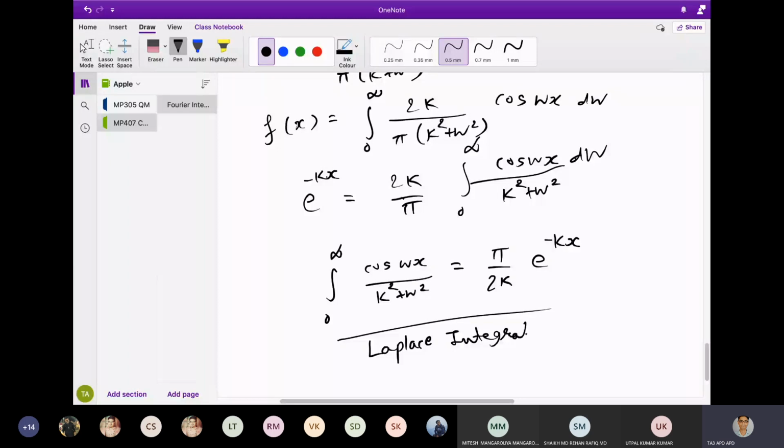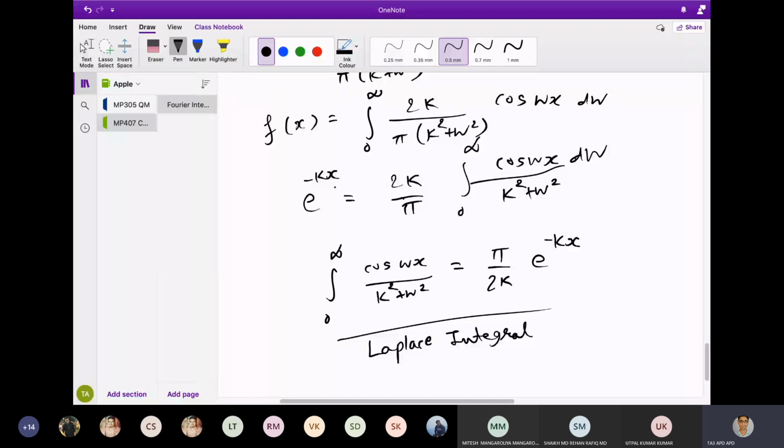So that is the Fourier cosine integral. This is your Fourier cosine integral for the function e to the power minus kx.